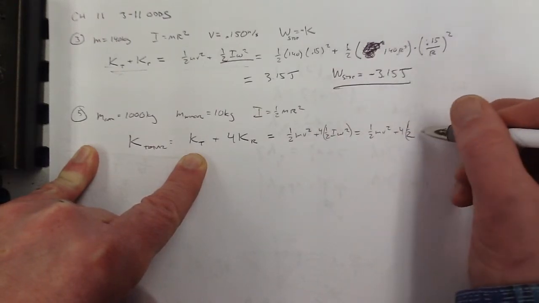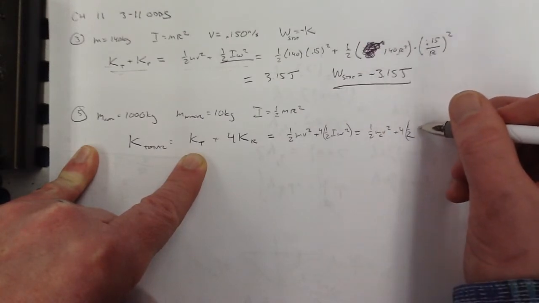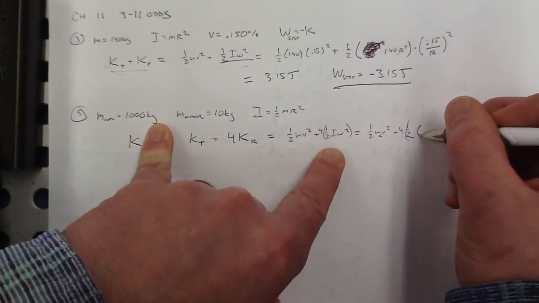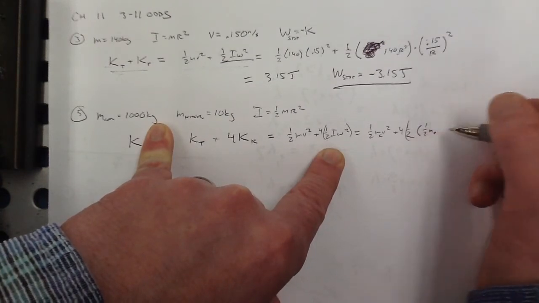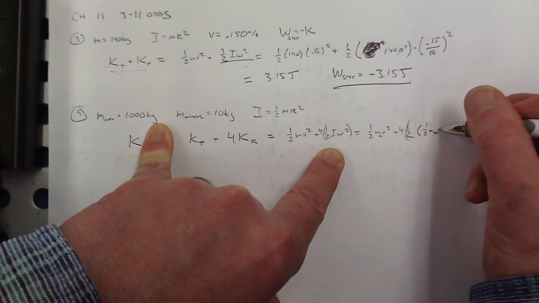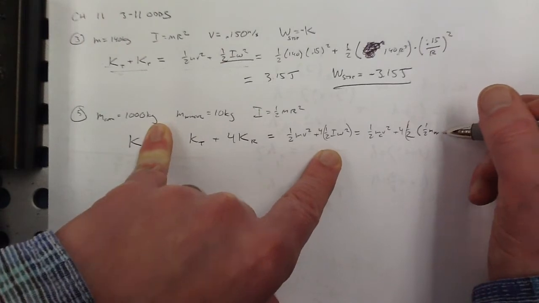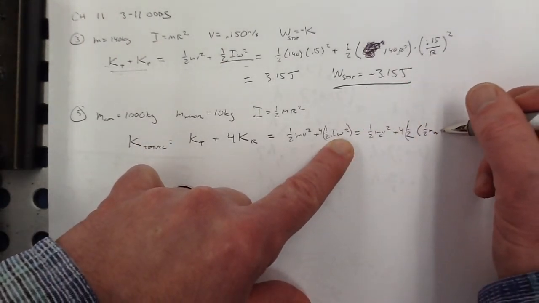because there's 4 wheels. 1/2, this is the mass of the car. Plus 4 times 1/2 the rotational inertia, they're saying to treat them like disks. So 1/2 m of a wheel, omega squared rather.